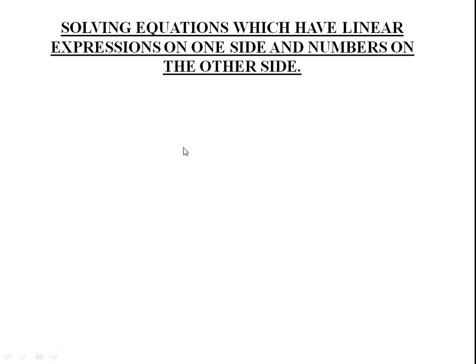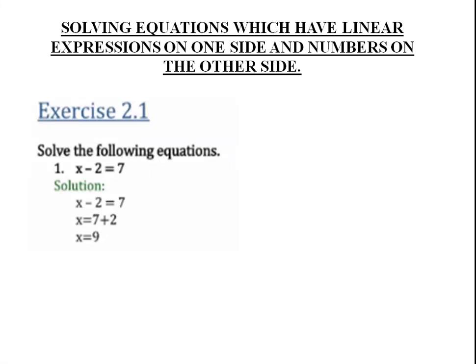The next topic is solving equations which have linear expression on one side and numbers on the other side. We have learned method of transposing to solve equations in class 7. Hope you remember that. We'll just revise it. Solve the following equations. X minus 2 equal to 7.